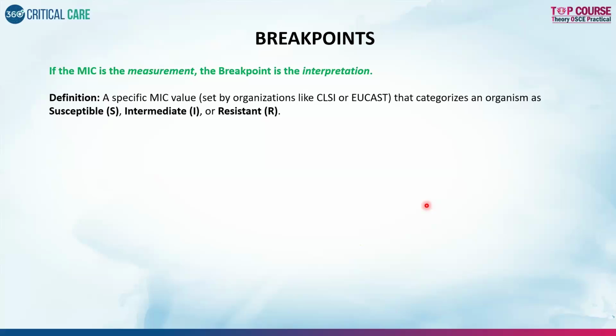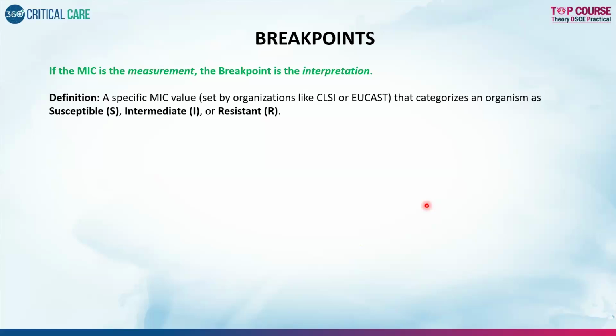It is not like that. It is universally set. It is given by an organization like CLSI or EUCAST, which determine the specific MIC value after which the antibiotic turns out to be resistant, or at which MIC value the antibiotic can be deemed sensitive.